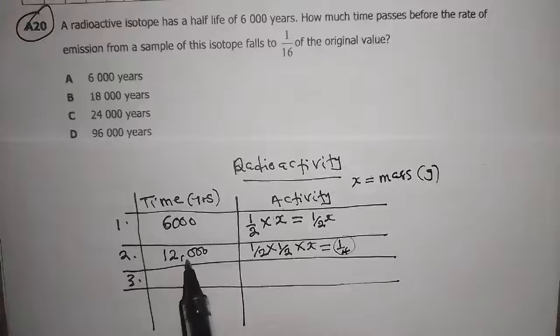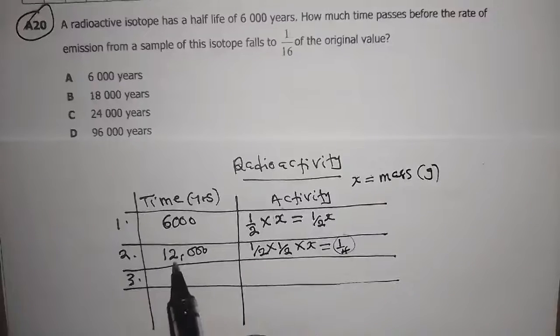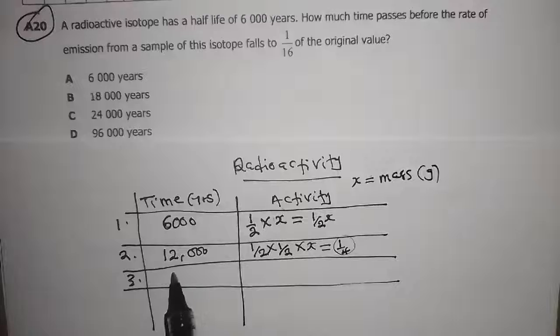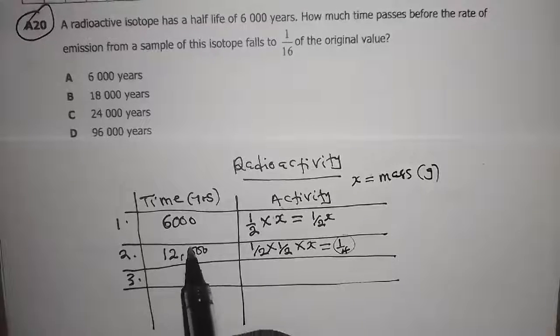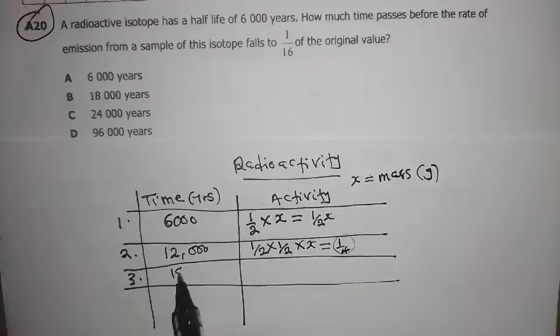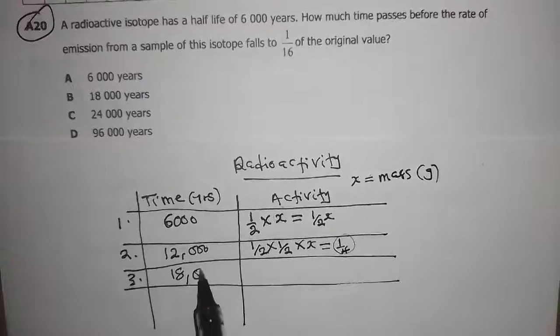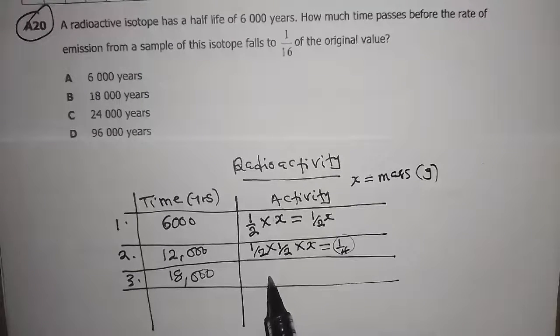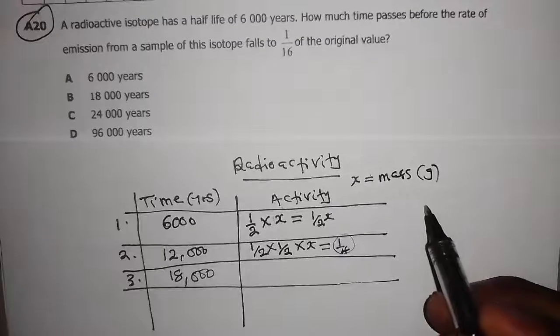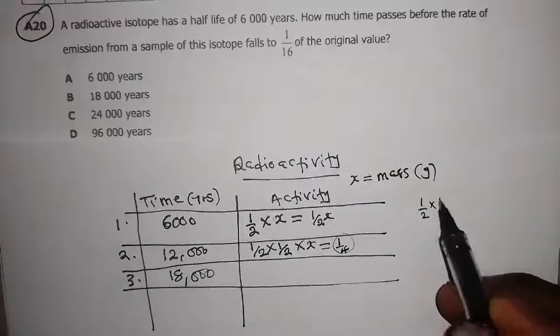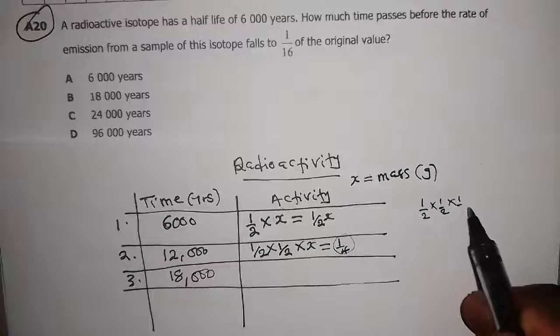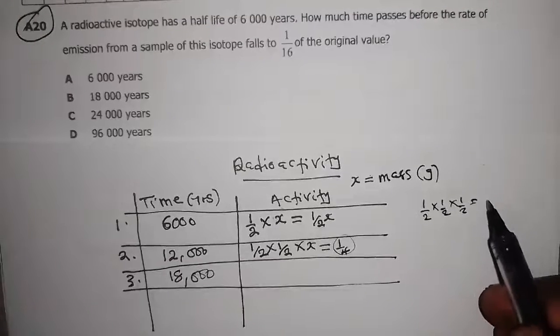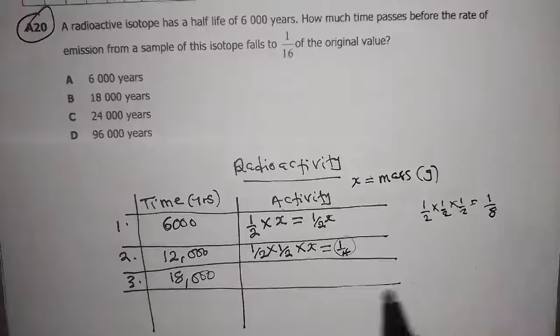Then for the third row, we keep adding: 12,000 plus the previous one gives 18,000. On this one you have 3 half-lives, so 1 over 2 times 1 over 2 times 1 over 2, which is equal to 1 over 8.